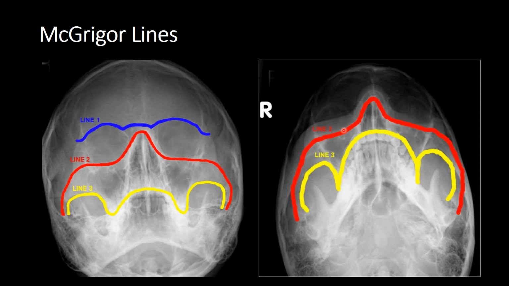However, line 2 provides good visualization of the infraorbital margin, and we clearly see the lateral border of the maxilla, so the alveolar ridge. Make sure that you count down here as well. This is the medial border. Check your mandible.